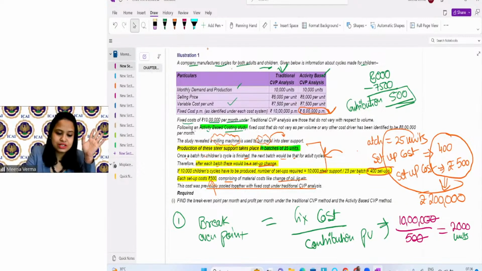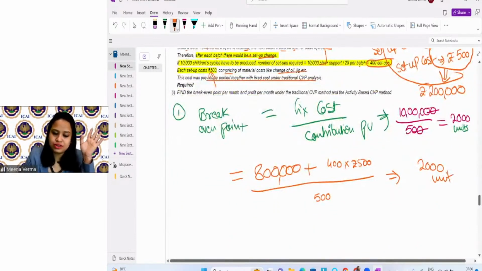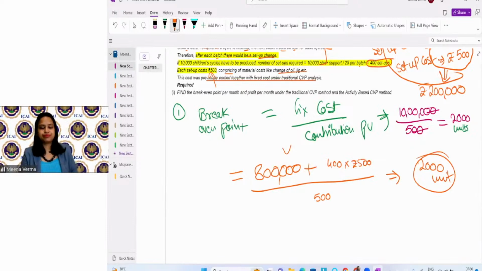So we will consider both 8 lakh and 2 lakh here to find the break-even units. So in both the cases, the break-even unit is coming as 2,000. All right.